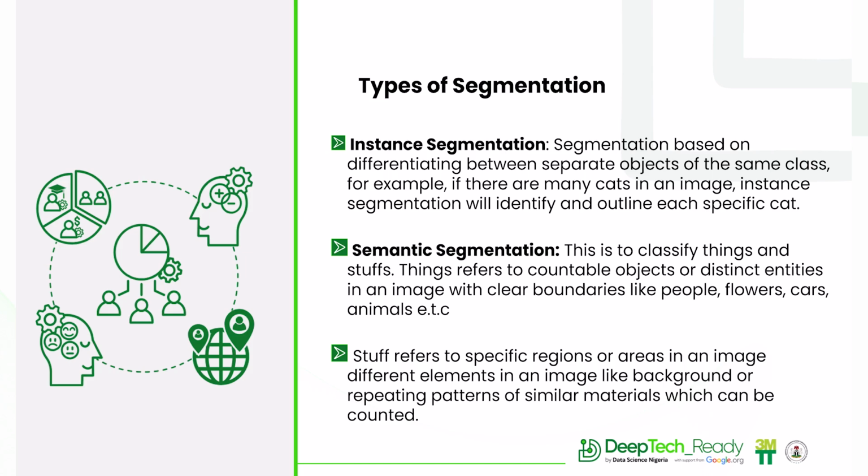Now, semantic segmentation is quite different. Now, according to the definition here, it says that this is to classify things and stuffs. So, things and stuffs.